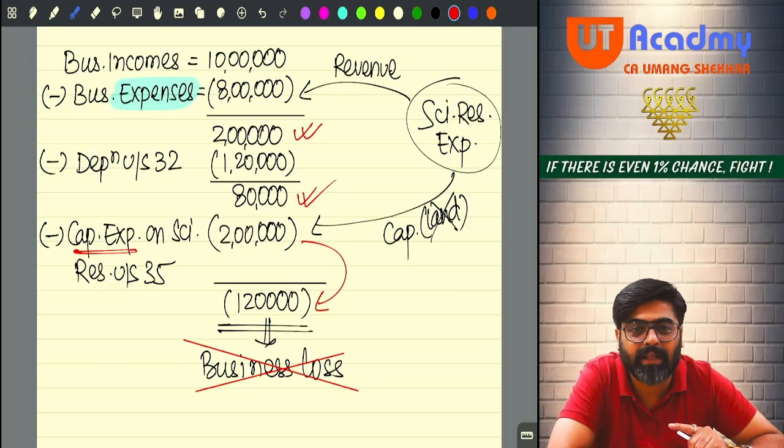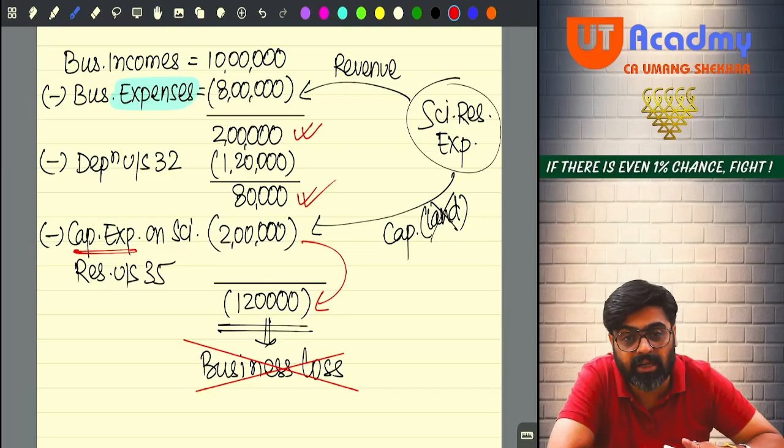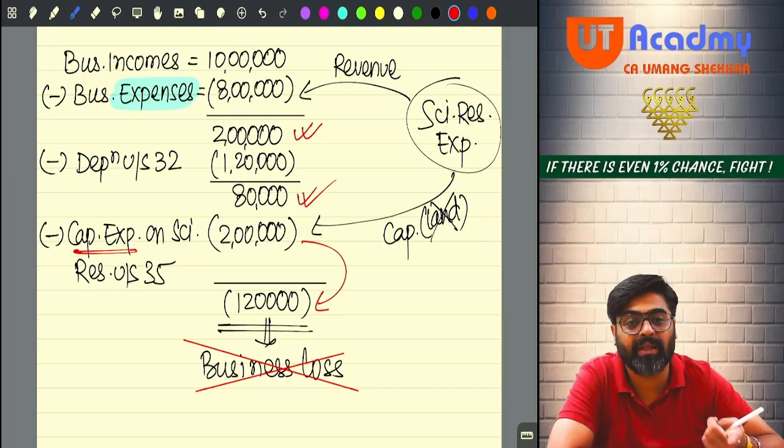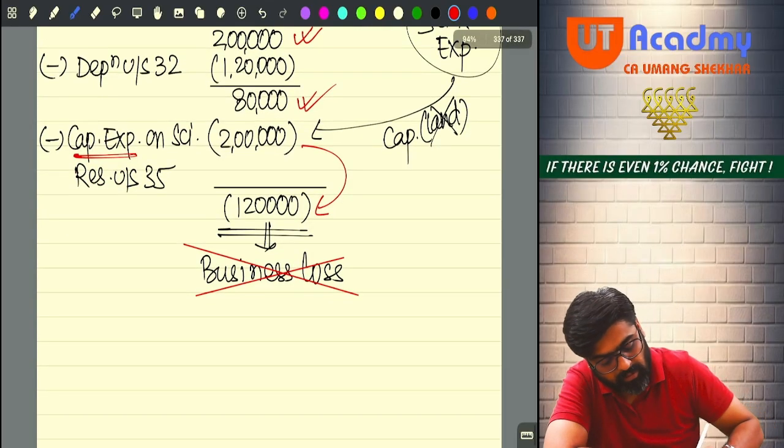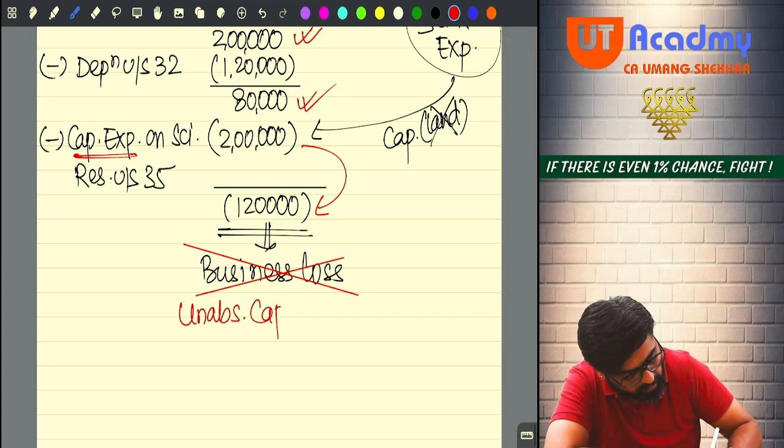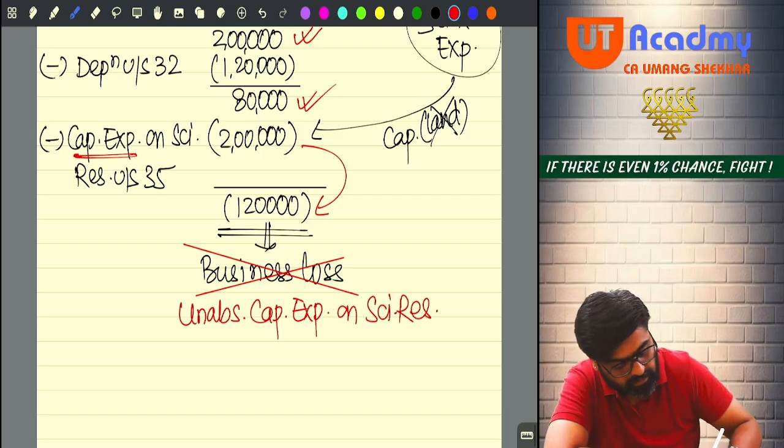That 1,20,000 of capital expenditure which cannot be absorbed in this year's profits cannot be treated as your business loss. What will you call it? You will call it unabsorbed capital expenditure on scientific research.